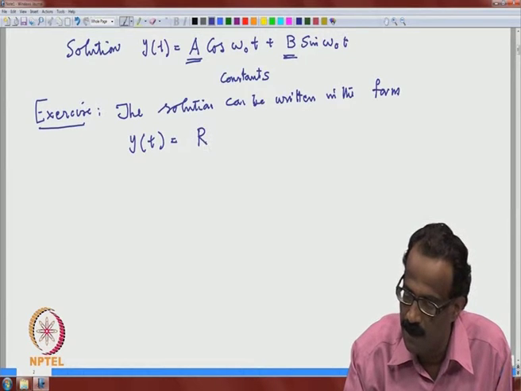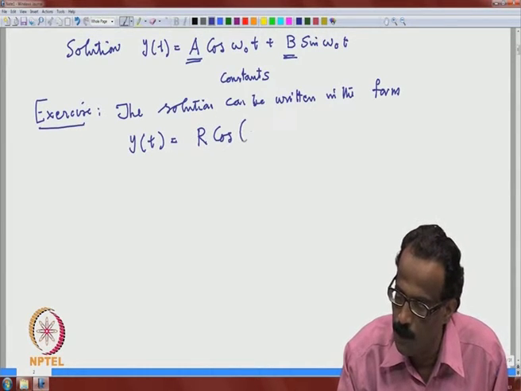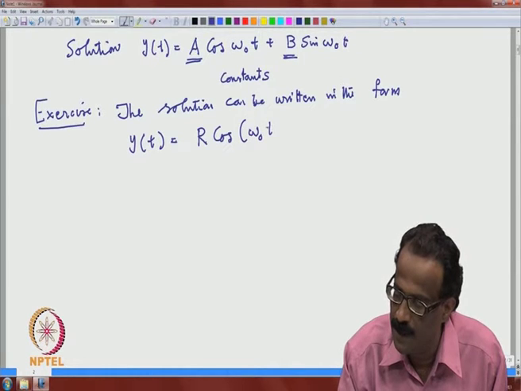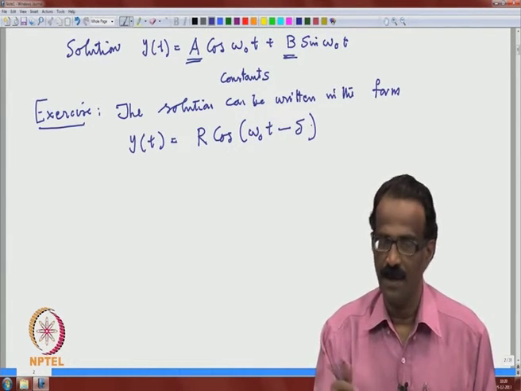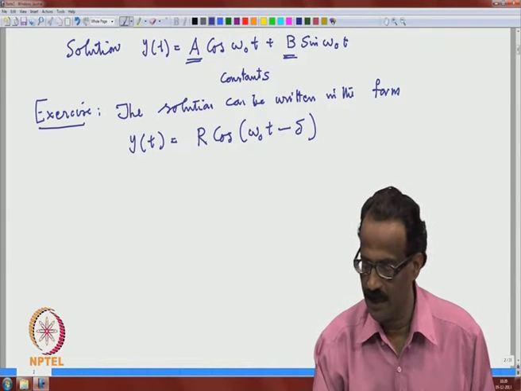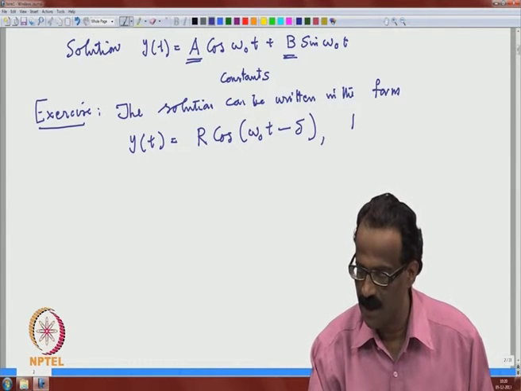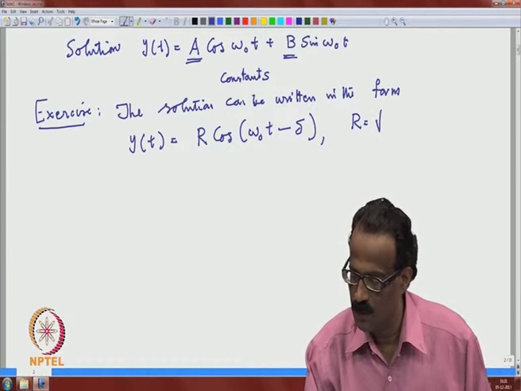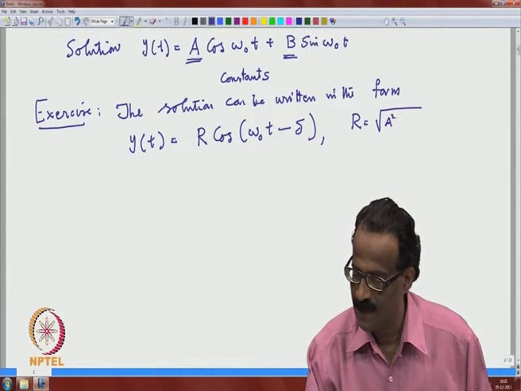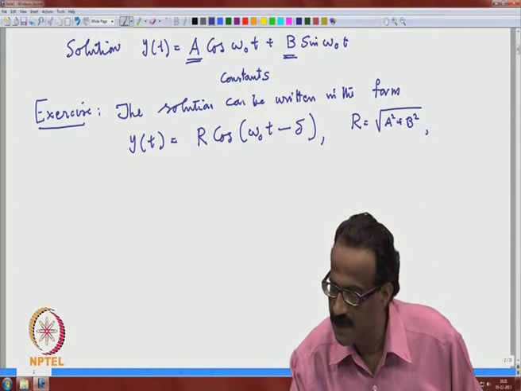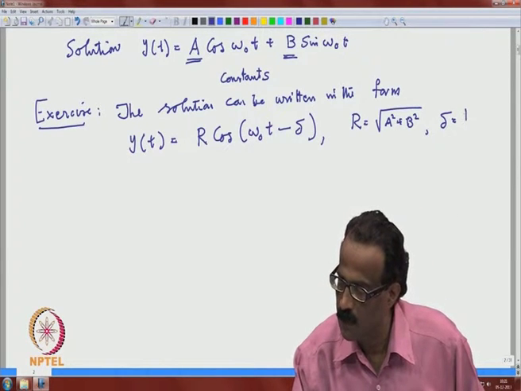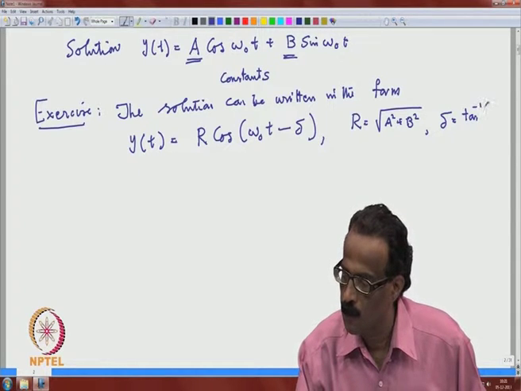You can write R cos(omega naught t minus delta). You do a bit of computation in trigonometry. And what is R? R is nothing but the square root of a squared plus b squared, and your delta is equal to tan inverse of b by a.